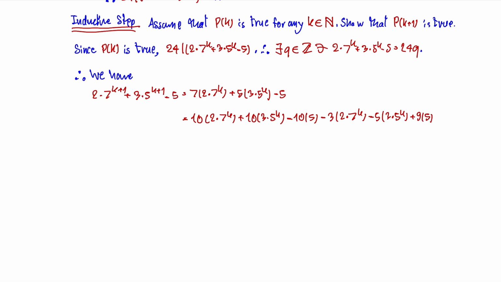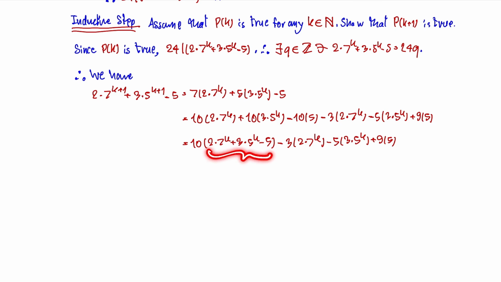Okay, so we factorize 10 out of this term. So we're going to have 10 times 2 times 7 to the k plus 3 times 5 to the k minus 5. And minus 3 times 2 times 7 to the k, minus 5 times 3 times 5 to the k, plus 9 times 5.